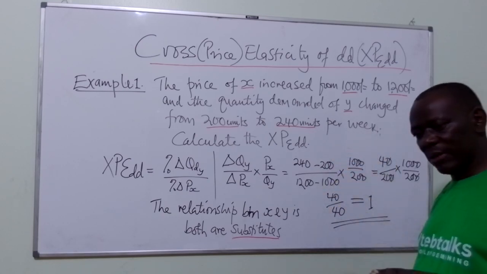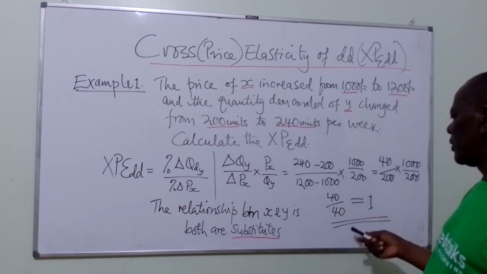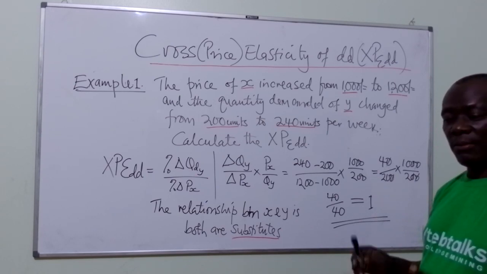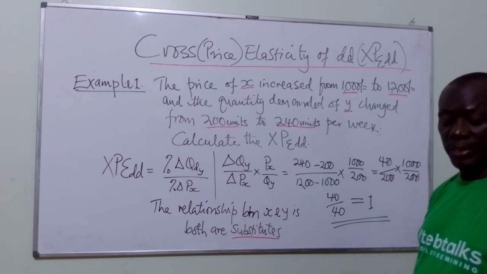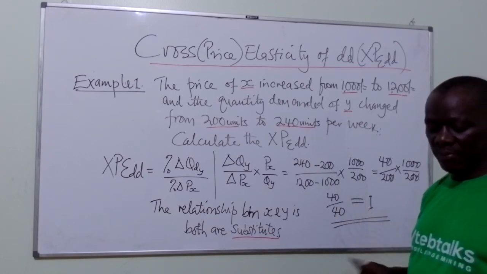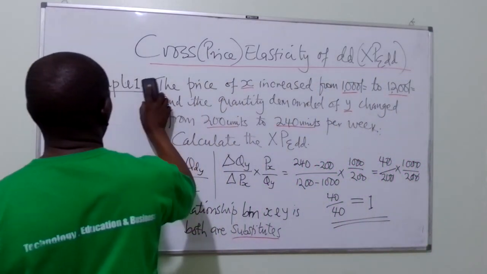You reduce the price of one, they move to the other side. So that will give you a positive figure. Once you get a positive figure, you know these are substitutes. So that is example number 1.